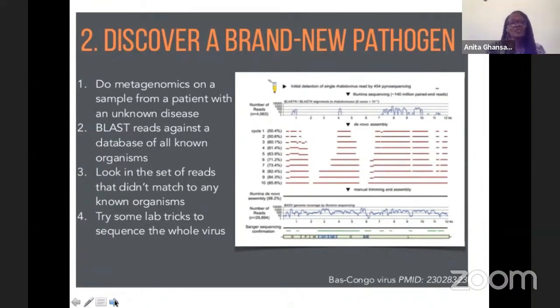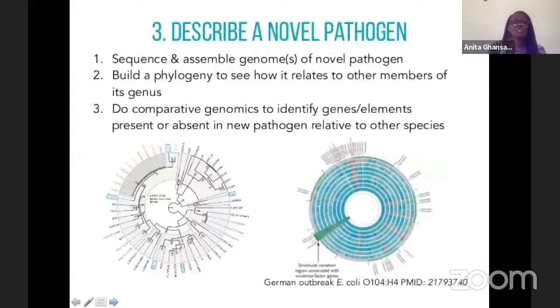Look at a set of reads that didn't match to any known organism, and you know that this is the new pathogen. So your sequencing will focus on these unmatching organisms.